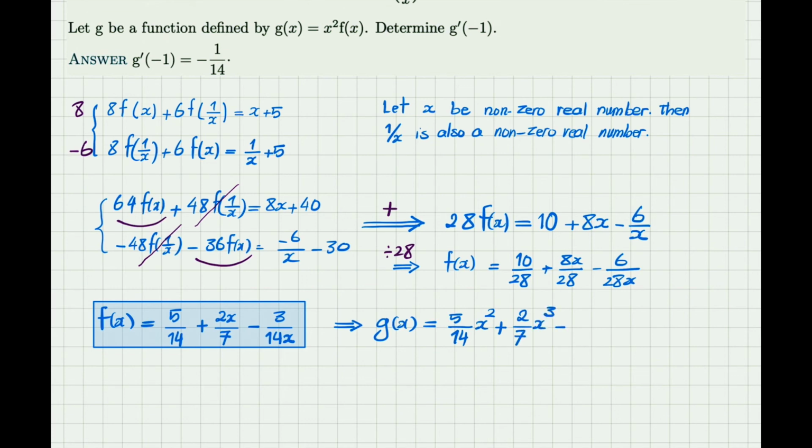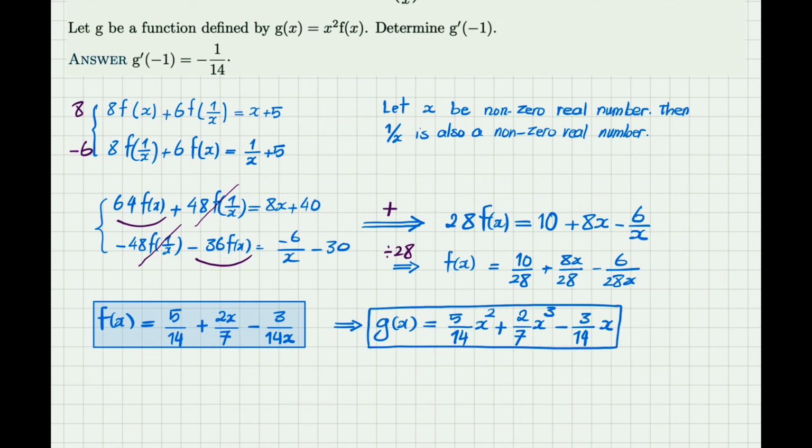The next one should also be multiplied by x squared, but you see one of these x's and one of these x's are gone, so minus 3 over 14 times x is left. So it becomes minus 3 over 14 times x. And then this would be my function.